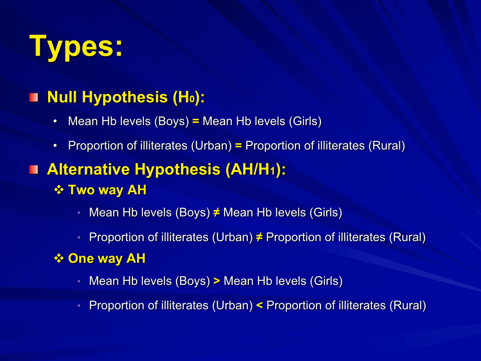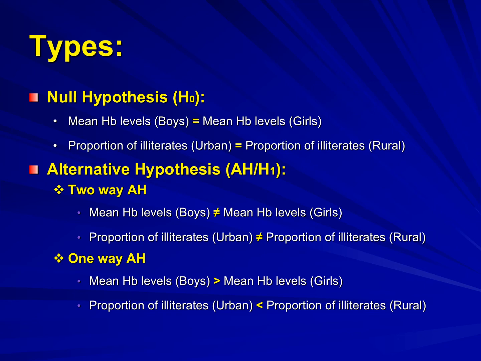Suppose your study objective is to compare the mean hemoglobin levels among boys and girls. In that case your null hypothesis is that there is no difference between the mean hemoglobin levels of boys and girls.